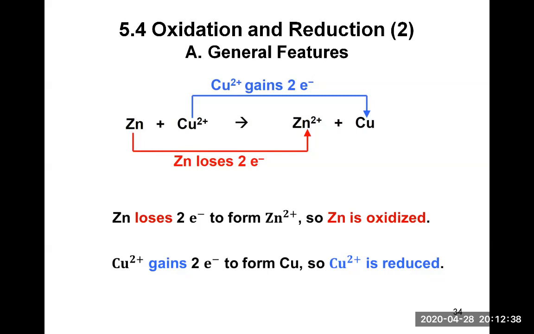And then we get the copper metal, copper in its elemental state, which also has an oxidation state of 0 when it's the neutral metal. Because Cu2+ gains 2 electrons to form Cu, we say that Cu2+, the ion, is reduced.